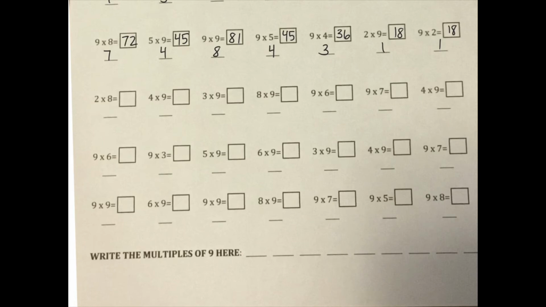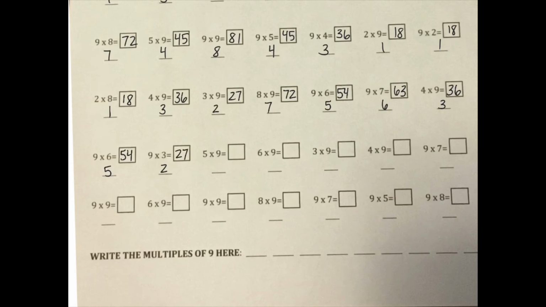Ready, set, go. 2 times 8, 1 less, 18. 4 times 9, 1 less, 36. 3 times 9, 1 less, 27. 8 times 9, 1 less, 72. 9 times 6, 1 less, 54. 9 times 7, 1 less, 63. 4 times 9, 1 less, 36. 9 times 6, 1 less, 54. 9 times 3, 1 less, 27.